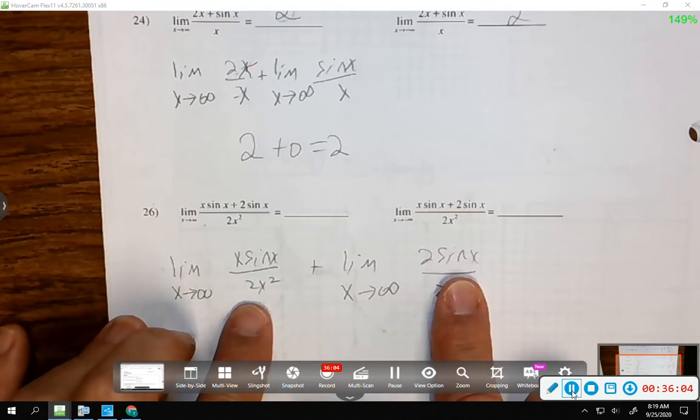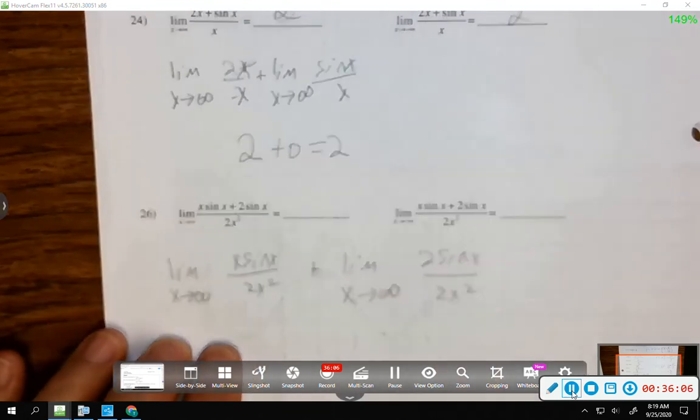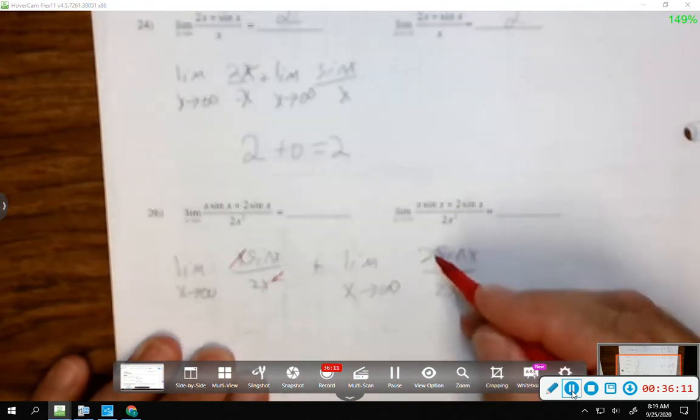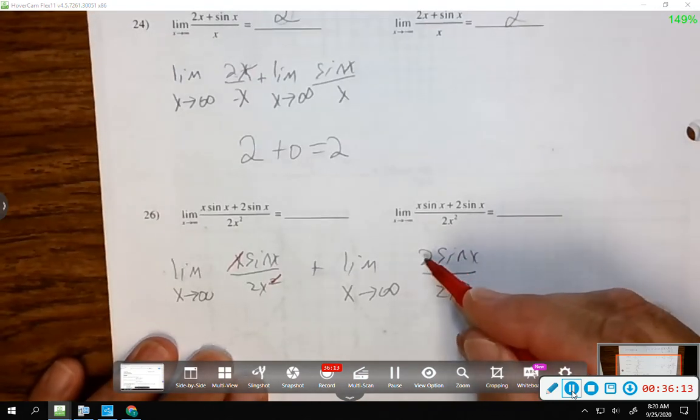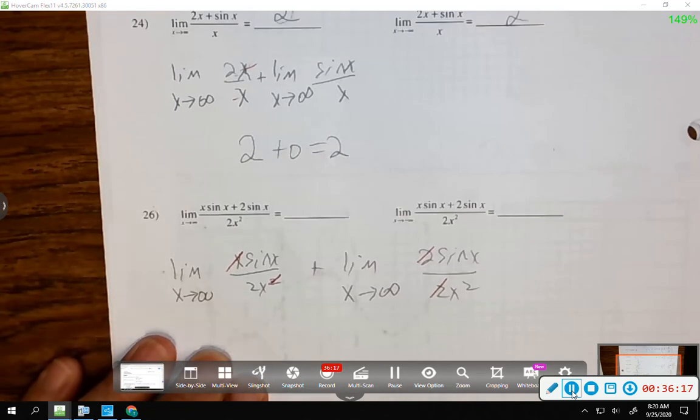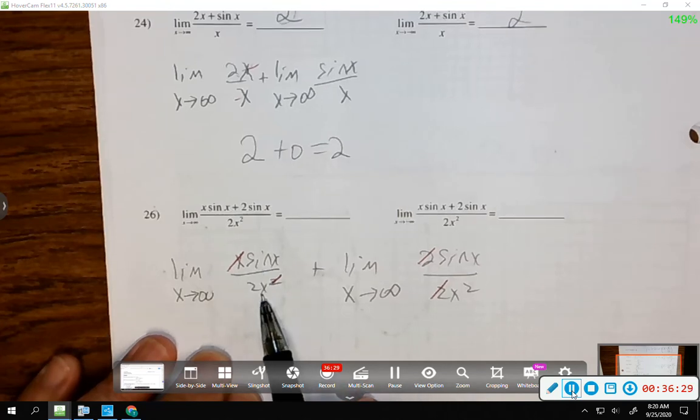So I can cancel the 2 here if I want, but it really isn't going to make a difference. The whole key to this: I can evaluate the sine at any angle, and it's going to produce a number between -1 and 1. The bottom is going to grow without bound because it's 2 times x.